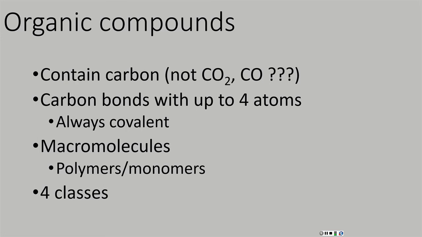Now, when we have a big structure that's actually made of repeating smaller structures, we call the big structure a polymer. A polymer is just a big structure made of smaller pieces. And those smaller repeating pieces we call monomers.